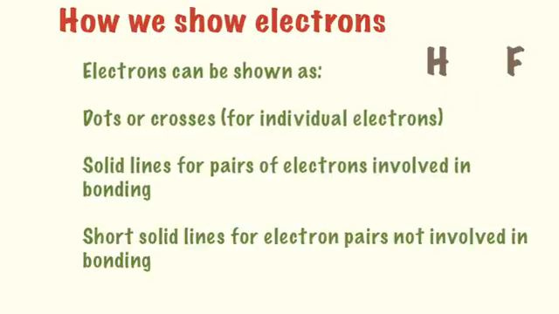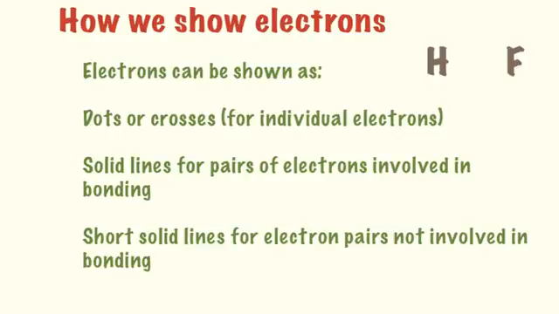Now, of course, we have to show things as they really are. We have electrons involved in bonding and electrons not involved in bonding. We know that the line showed pairs, and we know that a single bond in a molecule involves a pair of electrons. So why not use that to help us out?